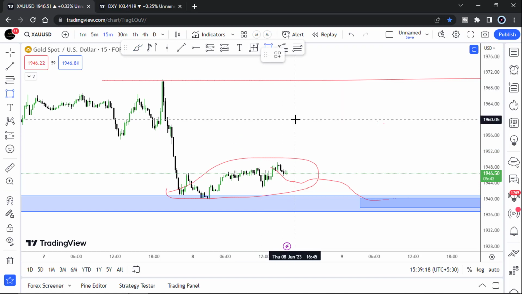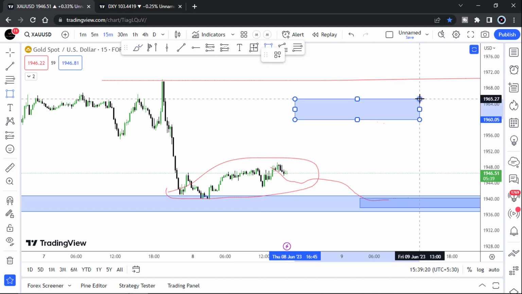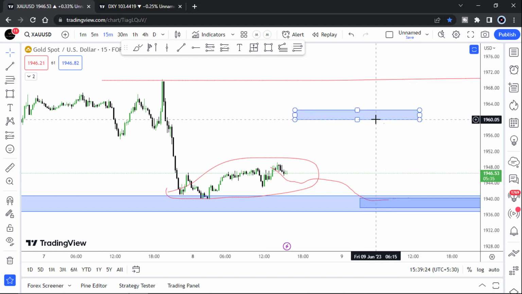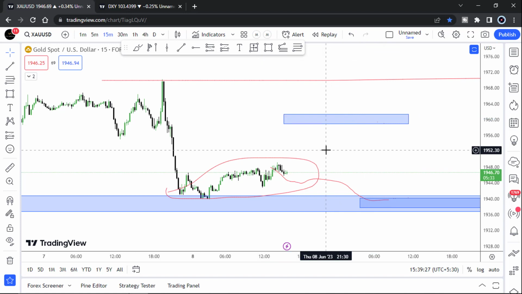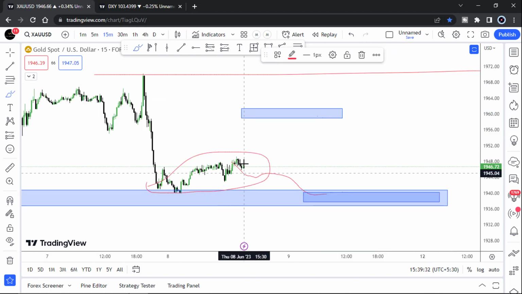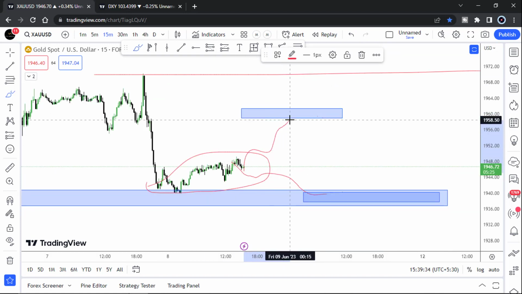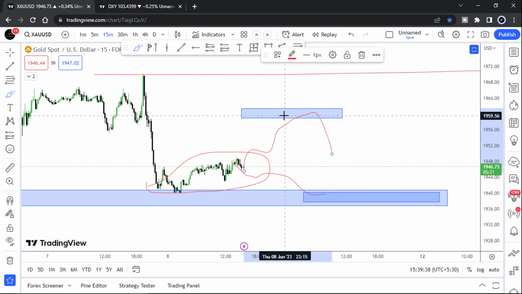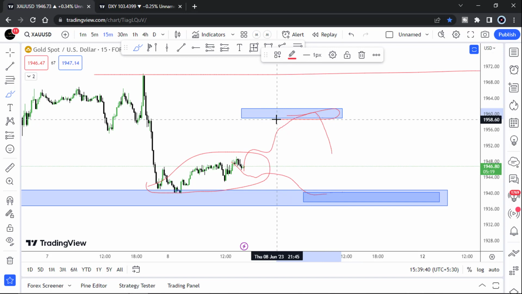This area around here will be another down pullback zone, and we can make some short trades here as short-term trading.